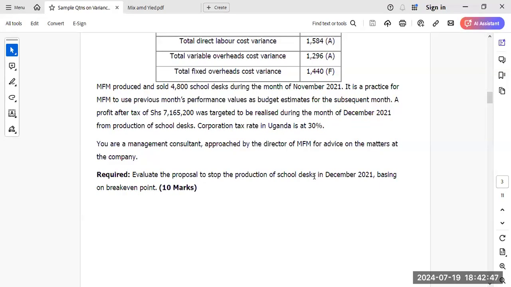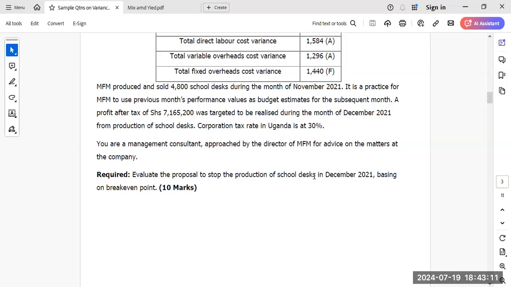You need to know currently they are producing how many desks. If they are producing this number of desks, what will be my break-even point in terms of units? At what point can I recover my initial investment?